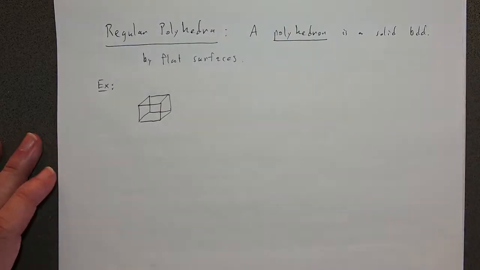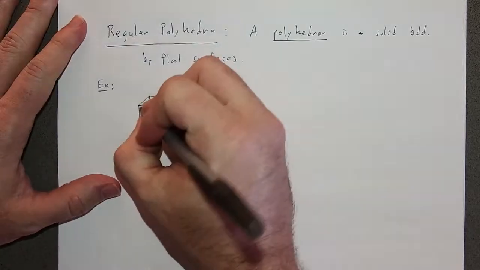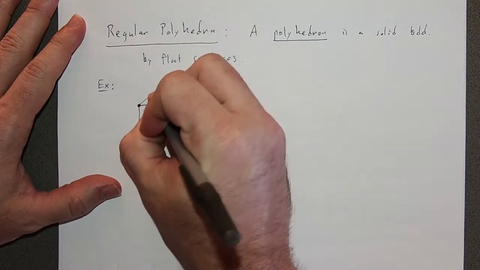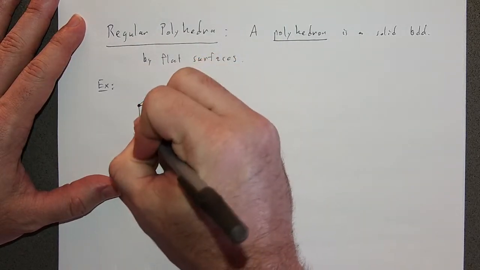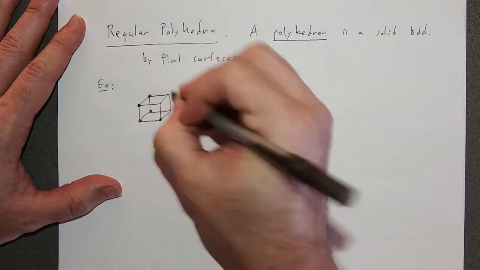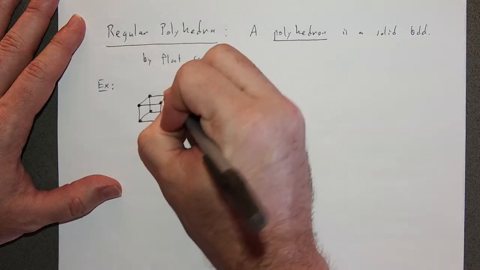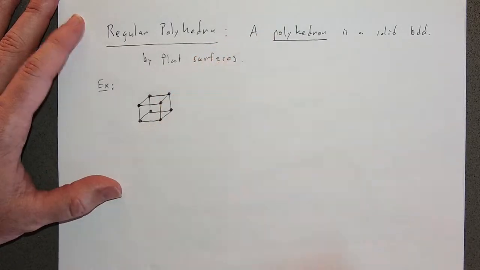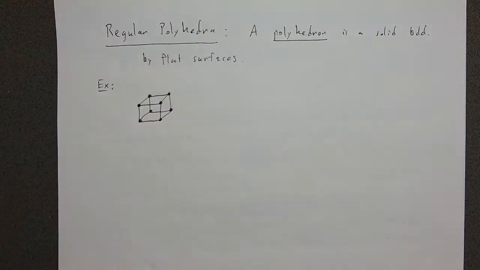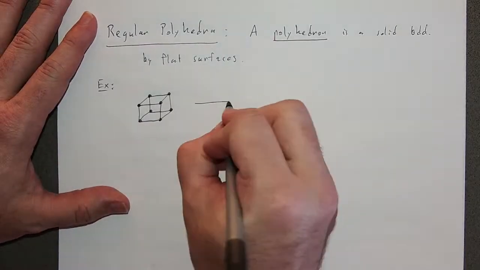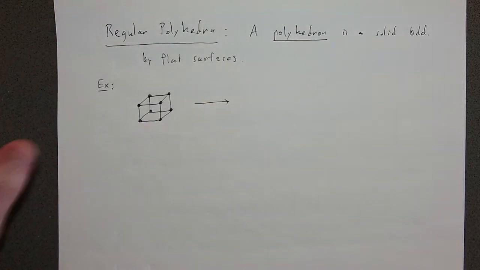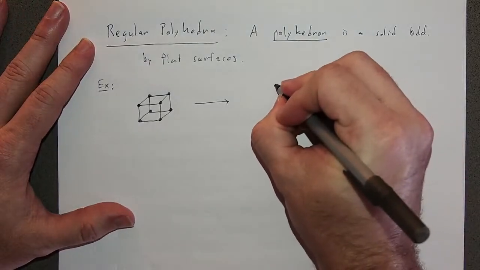Now, how does this relate to graphs? Well, if I put on the obvious vertices here for this thing, I can turn this into a graph in the following way.